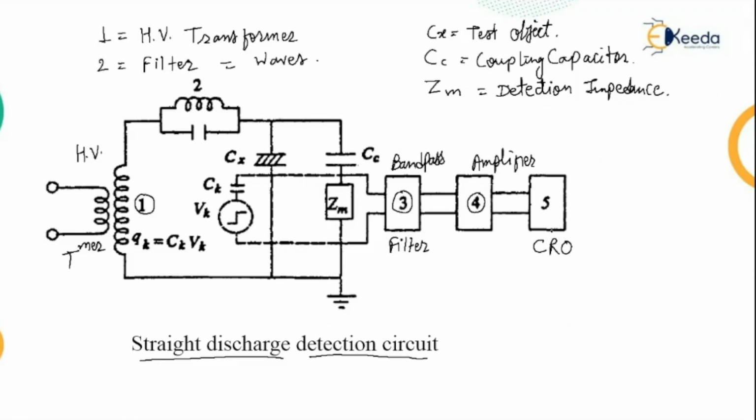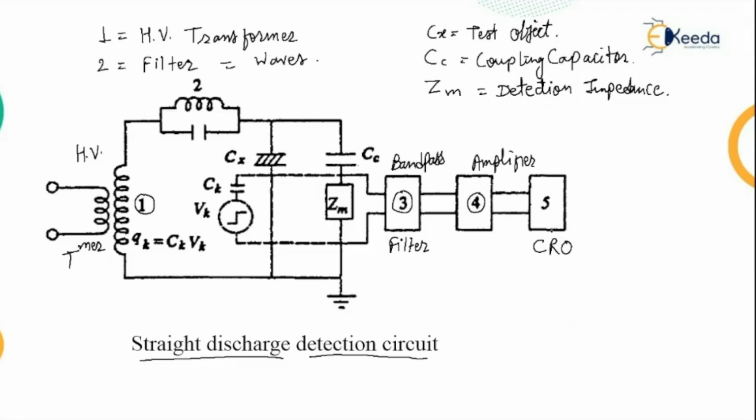So this particular figure, the straight discharge detection unit, has point number 1 as the high voltage transformer, 2 the filter, 3 the band pass filter, 4 the amplifier, and 5 the CRO, nothing but the display unit.